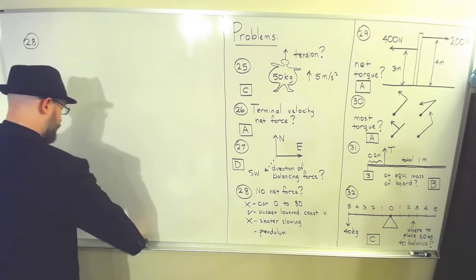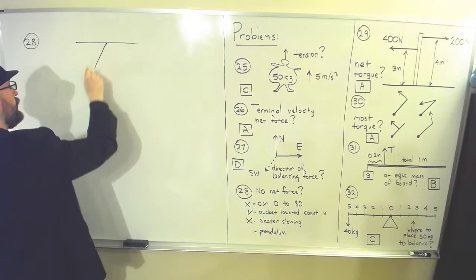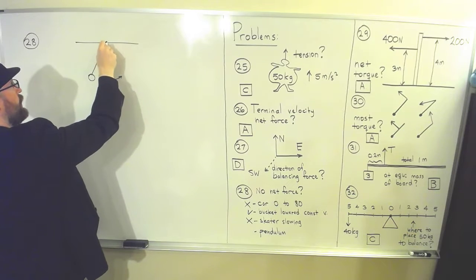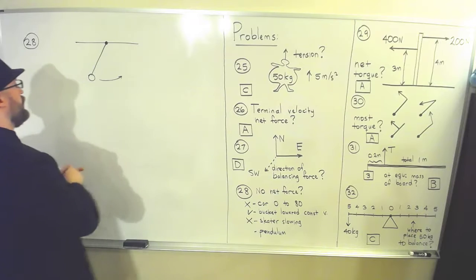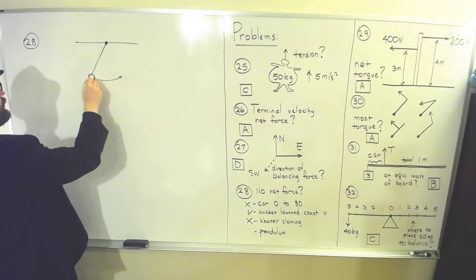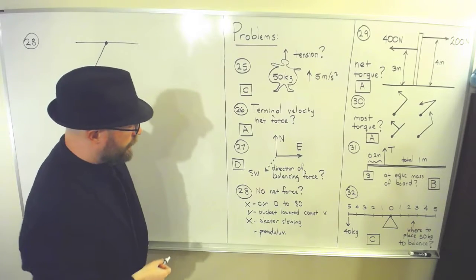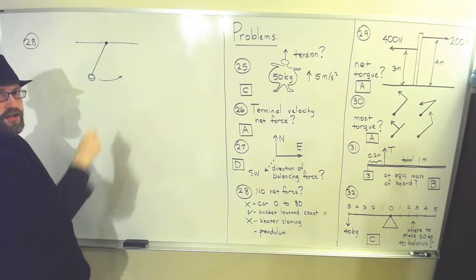And then the final example is a pendulum. You have this pendulum that swings back and forth. Say it hangs from, whatever it hangs from, and then you have the ball of the pendulum here, and it swings back and forth. Does it experience a net force? Yes, because it keeps changing direction.